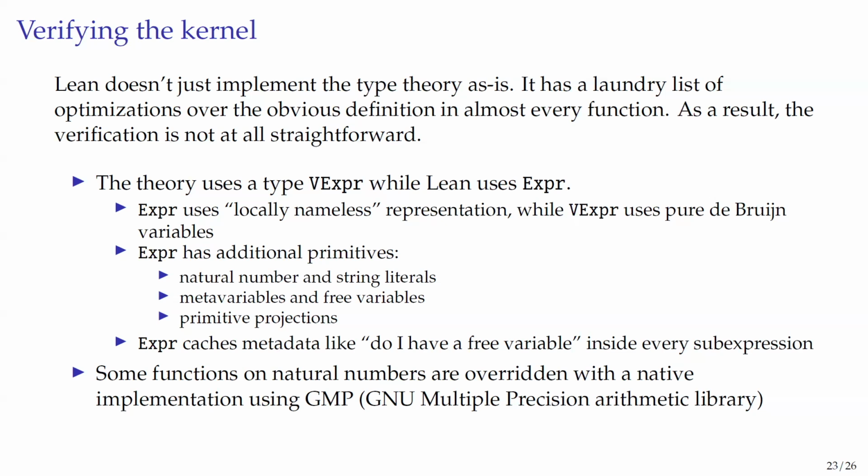So the primitive projection just has the expression, and then it says it's taking like a .1 or something. It takes one of the fields. And in order to understand what that means, you have to do the typing. So this becomes a typed translation, and that makes it not unique, and that causes a lot of issues. Oh yeah, and Expr caches metadata, like, do I have a free variable inside every sub-expression? That's foreshadowing.